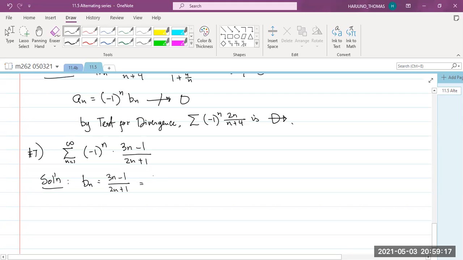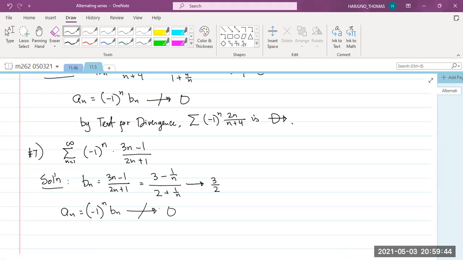Notice that this is equal to (3 minus 1 over n) over (2 plus 1 over n). And this converges to 3 over 2. In other words, a sub n, which is negative 1 to the n times B sub n, does not converge to 0. That's all we need, actually. Once the positive term does not converge to 0, that's the end of the story.